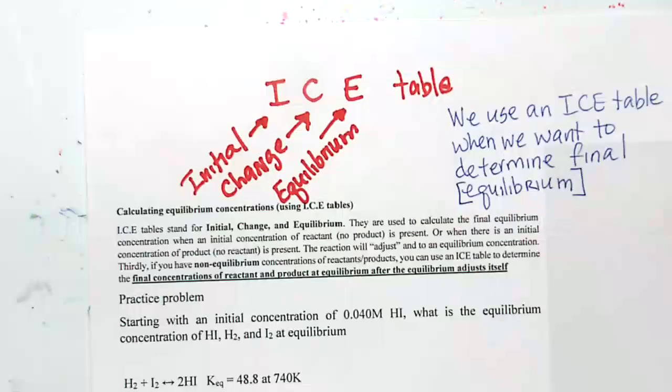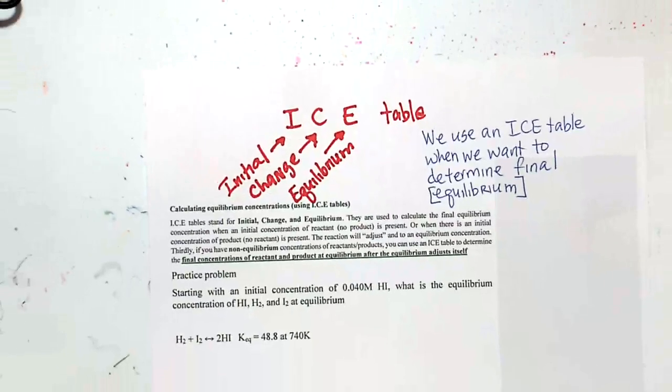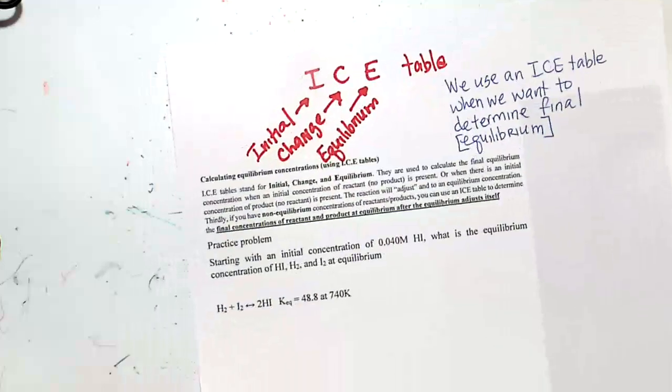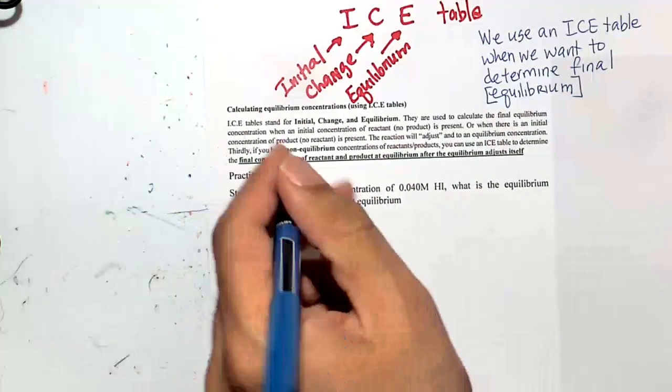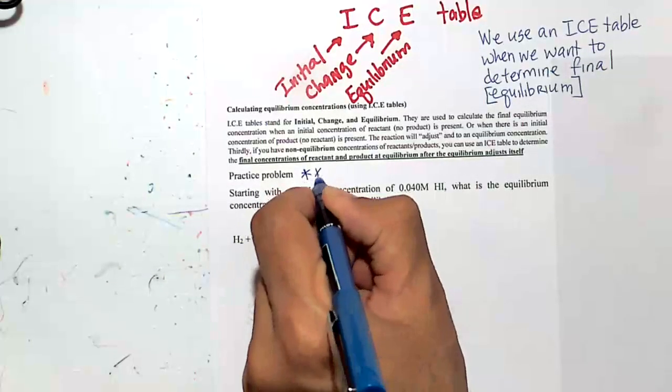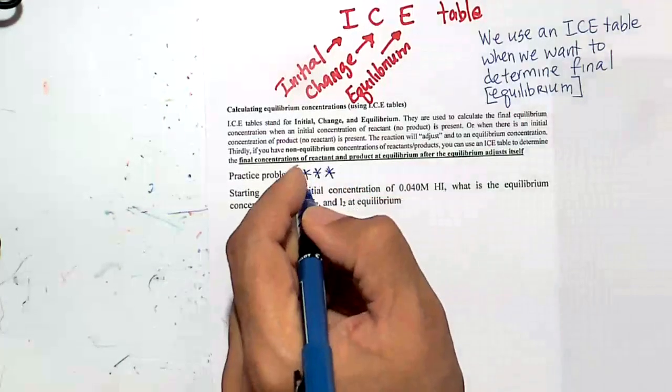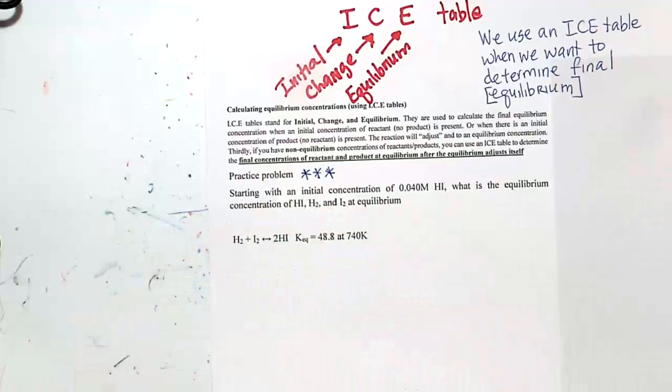Okay, the final equilibrium concentrations. All right, so let's do a problem here, and something like this will be on the exam. I will put some stars here, so make sure we know how to do this.